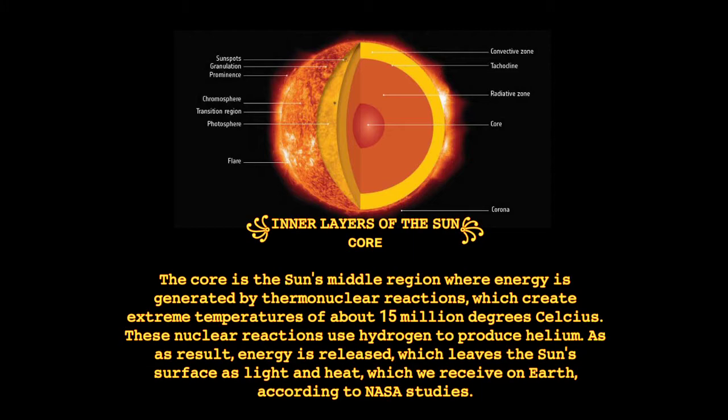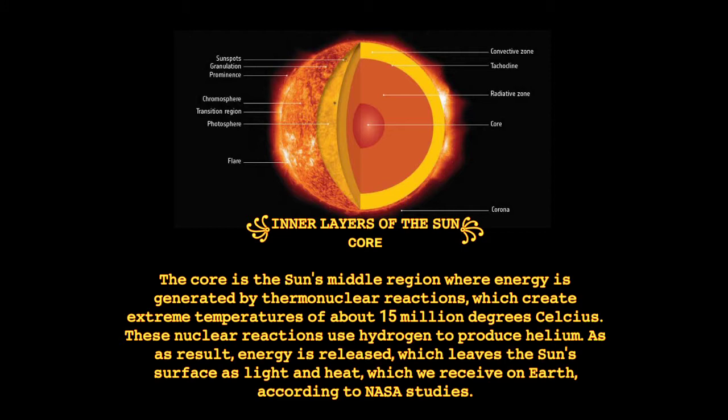And here are the inner layers of the sun. The first one is the core. The core is the sun's middle region where energy is generated by thermonuclear reactions, which create extreme temperatures of about 15 million degrees Celsius.